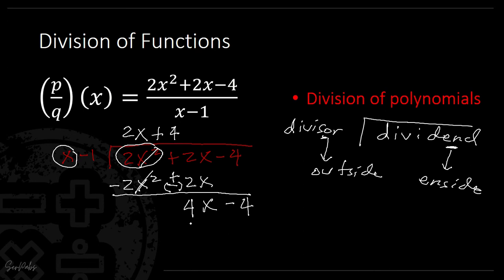Then, 4 times x, we have 4x. 4 times negative 1, negative 4. Then, again, get the inverse of the sign. So, this will become negative. This will become positive. So, 4 minus 4, 0. Negative 4 plus 4, 0. Kasi different sign. So, therefore, subtraction tayo. Negative 4 plus 4, 0. Okay, so the final answer is 2x plus 4. So, we have 2x plus 4.